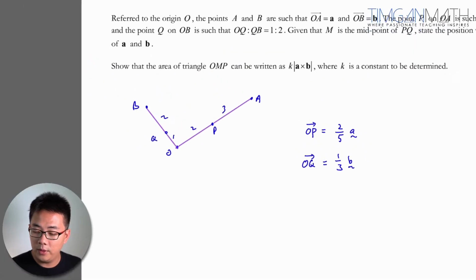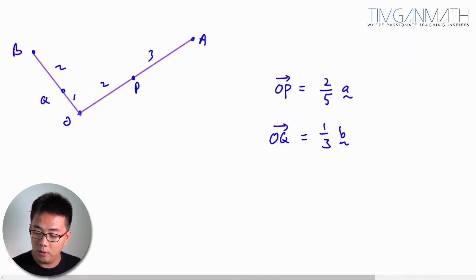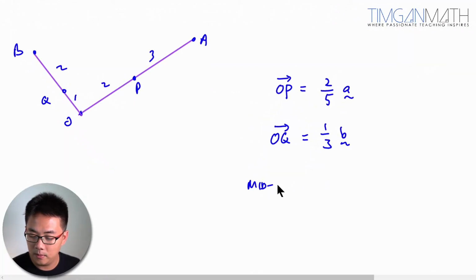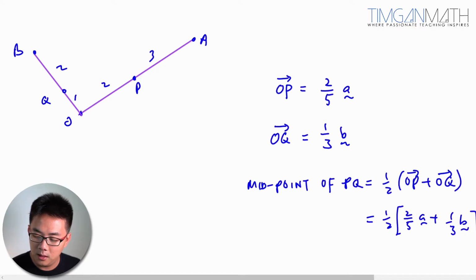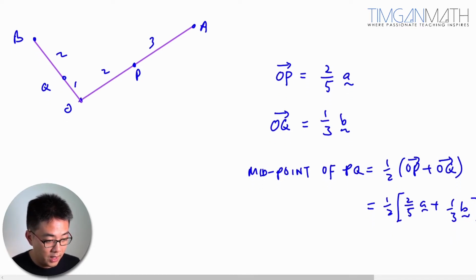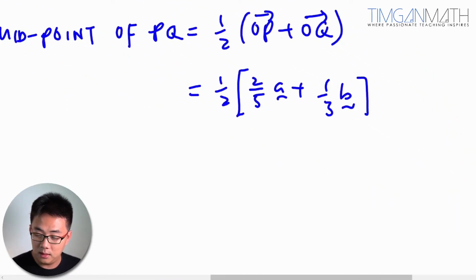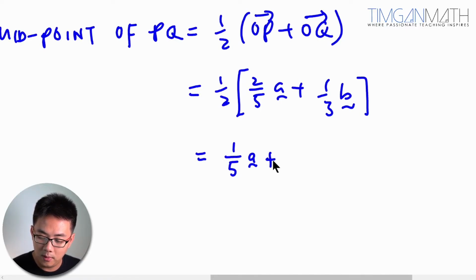Now the midpoint of PQ, using the ratio theorem, will just be half of OP plus OQ, so that's not too bad. Here it will be half of 2/5 A plus 1/3 B. So what you get is 1/5 A plus 1/6 B.